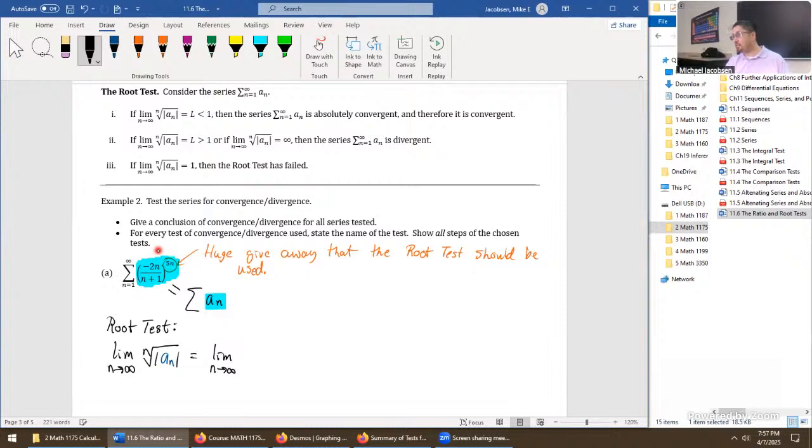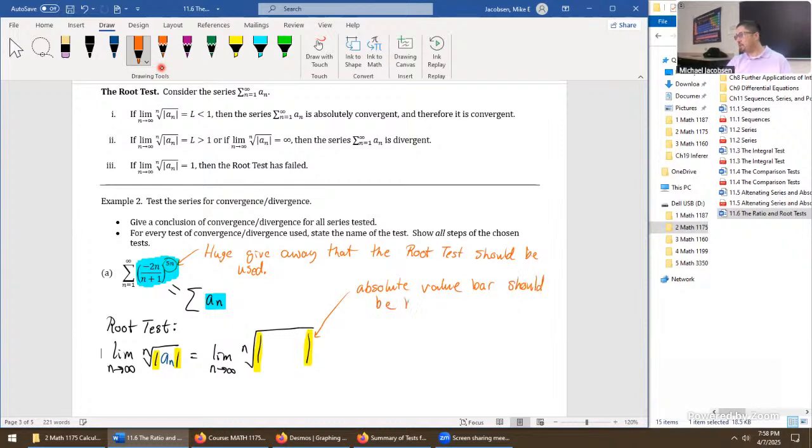Next, we make a substitution. Take the limit as n goes to infinity of the nth root. Don't forget there are absolute values here. We have to write that into the next line. Same with the ratio test. That's easy enough to forget. Let's make a comment here: absolute value bars should be here.